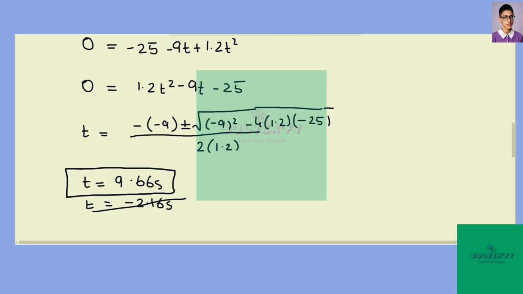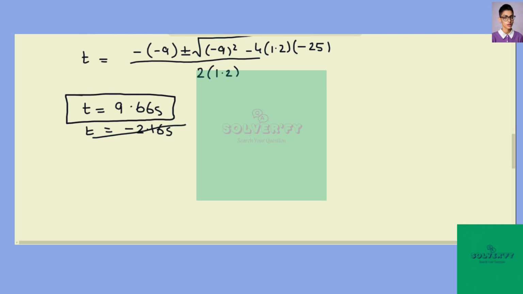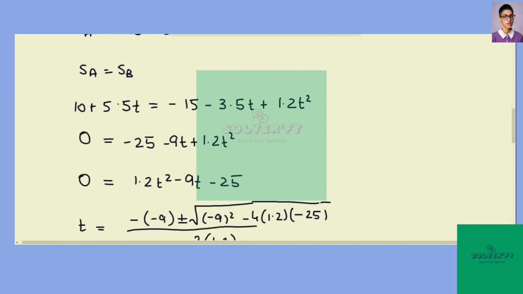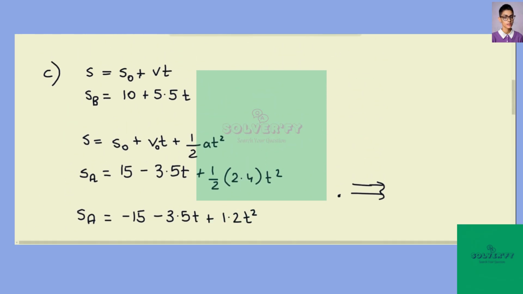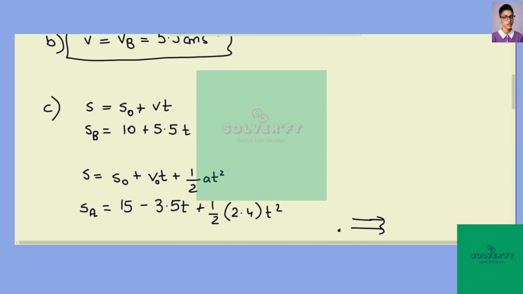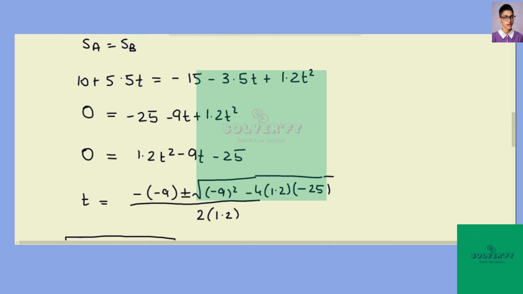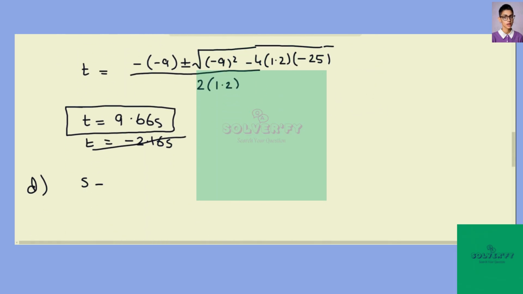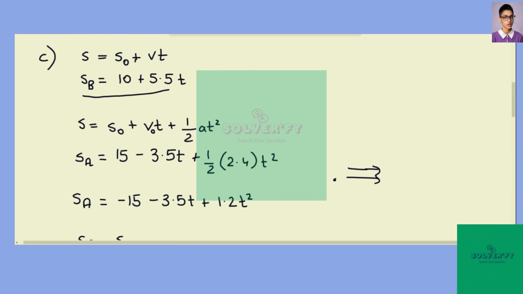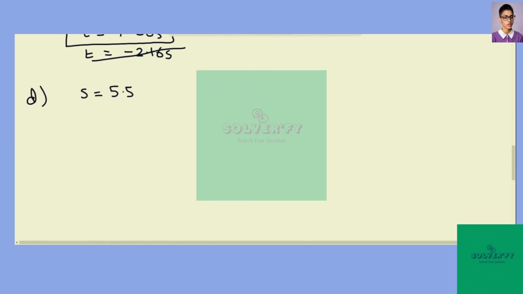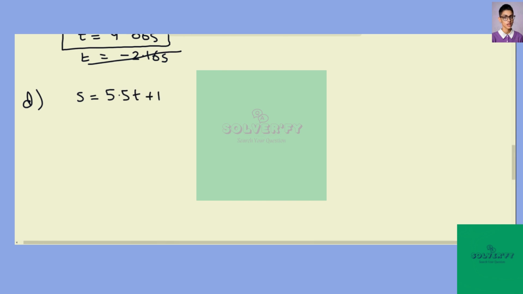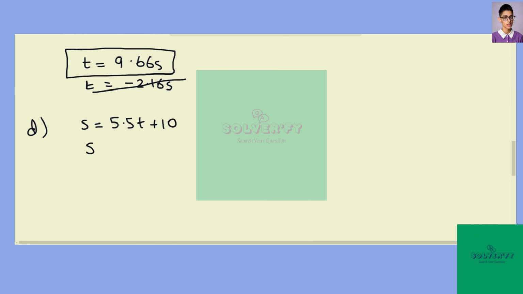Now, for the next part, we need to calculate the positions at t equals 9.66 seconds. So I'll use the equation for B because it's a lot simpler. So that's s equals 5.5t plus 10. I switched out the order, but that doesn't matter.